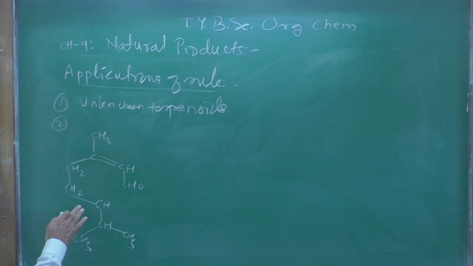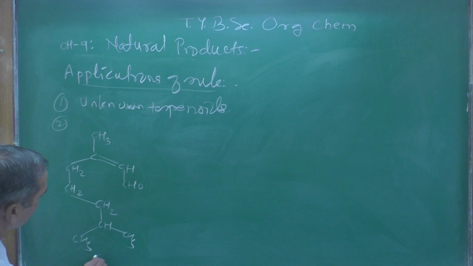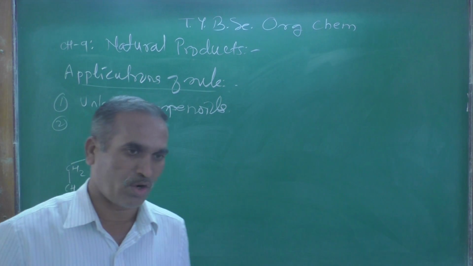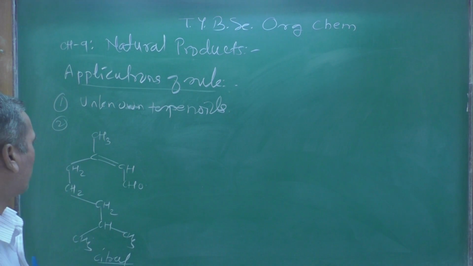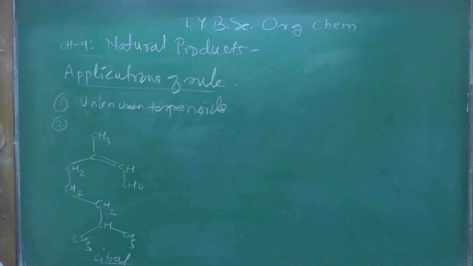This is the structure of citral. Citral is one of the terpenoids which is obtained from essential oils, as we know.